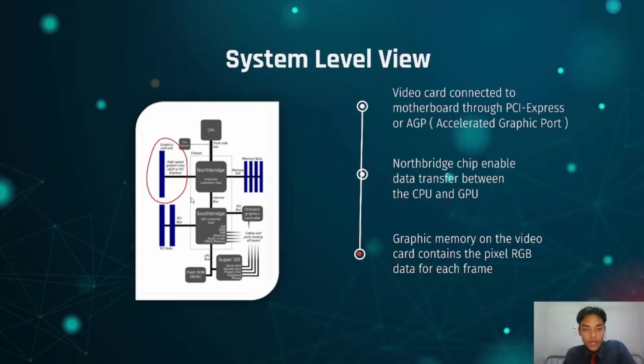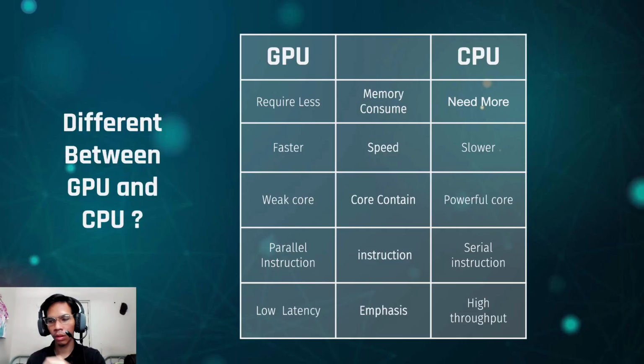The second point: the North Bridge chip enables data transfer between the CPU and GPU. Here is the North Bridge, the CPU here, the GPU here, so they are connected via the North Bridge. And the last one: graphic memory on the video card contains the pixel RGB data for each frame.